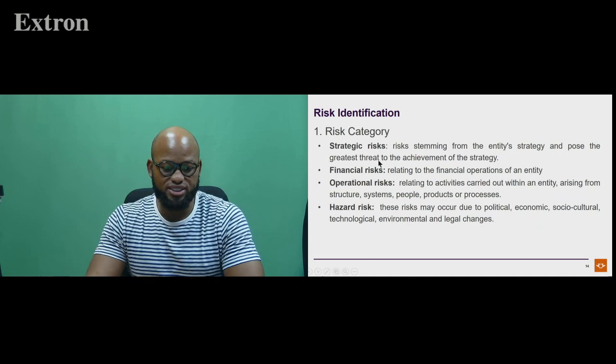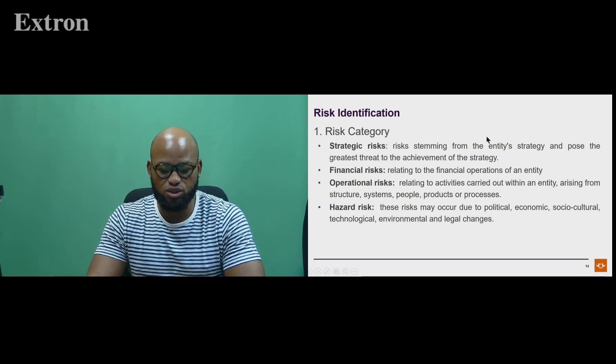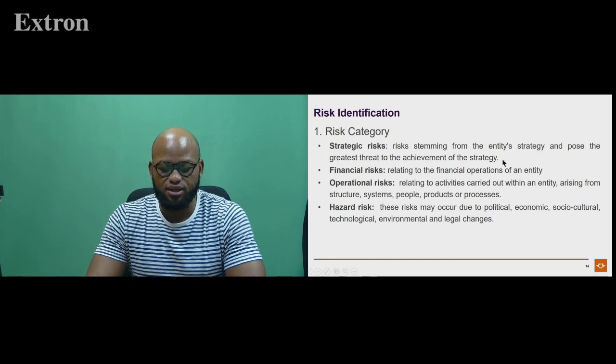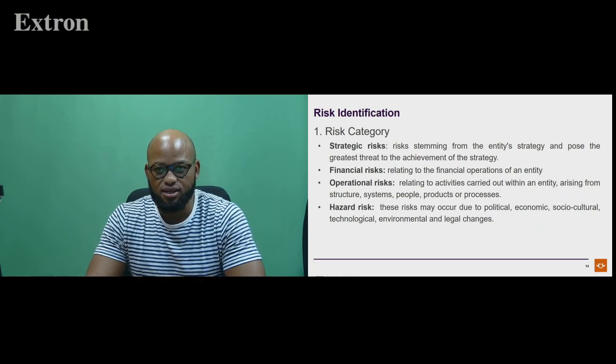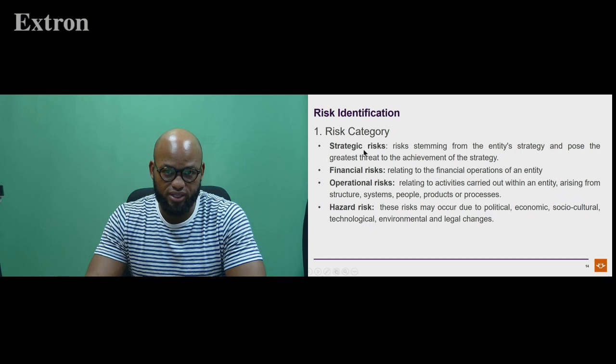Okay, so strategic risks are the risks associated with the choices that we've made from a strategic perspective, and there are a variety of things to consider that you're going to explore in MAS. They are the most important risks because if we don't manage them, it threatens the sustainability of the organization.